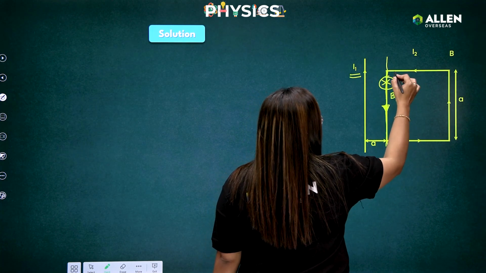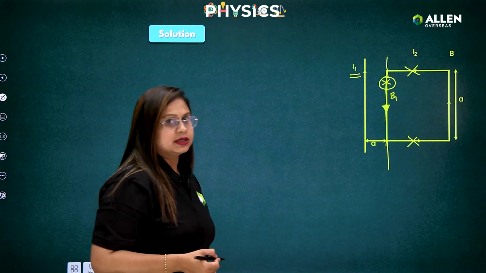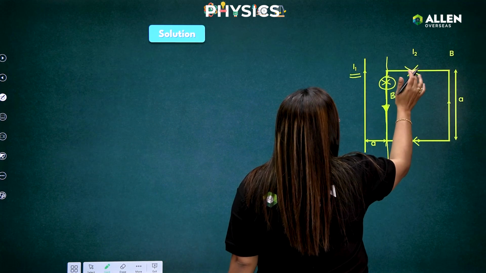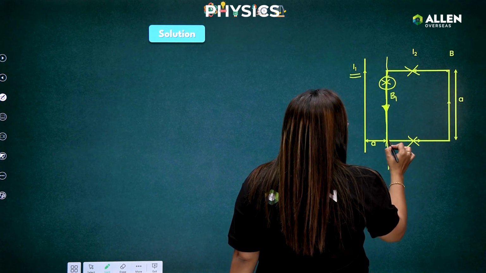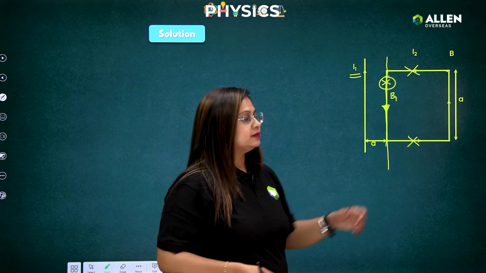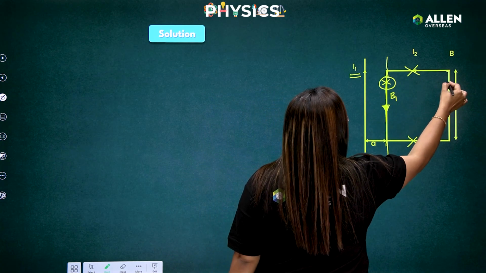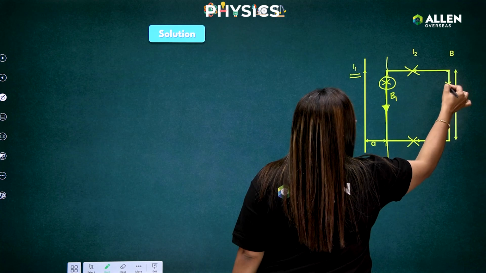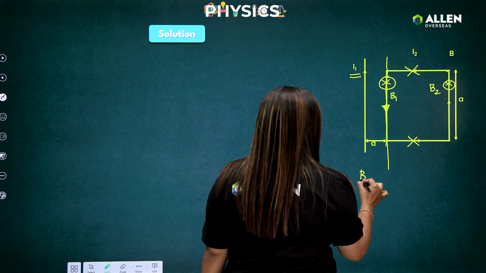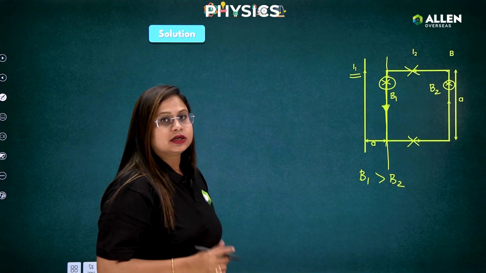Due to symmetry, the top and bottom parts are not going to experience any net force, because the force experienced by the upper part of the wire will be nullified by the force experienced by the lower part. This side is into the plane, and here also it experiences a magnetic field into the plane, but the magnitude of B1 is definitely more than the magnitude of B2 because of its location.